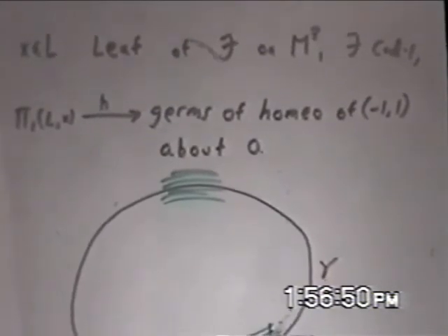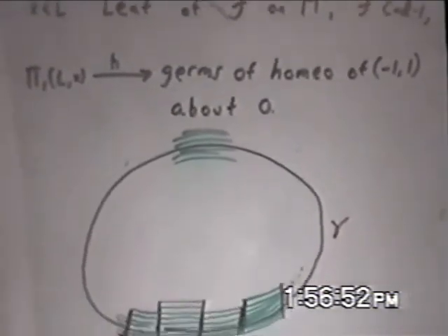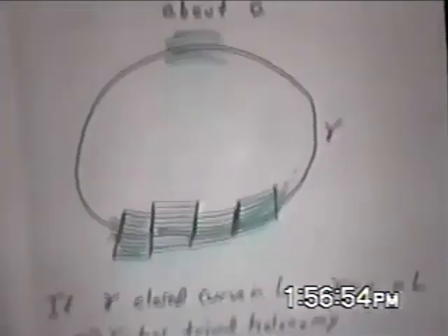There's a more general theorem due to Reeb, which is that if you have a compact leaf, and suppose this map into germs of the interval is trivial, we say that leaf has trivial holonomy.